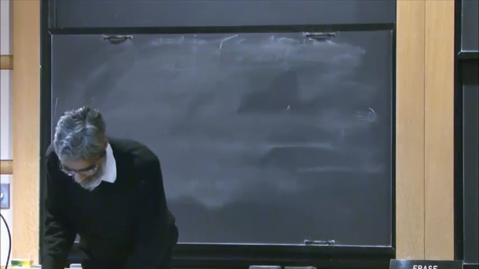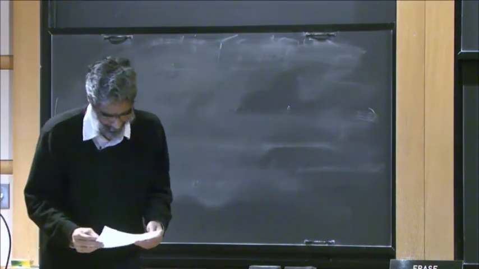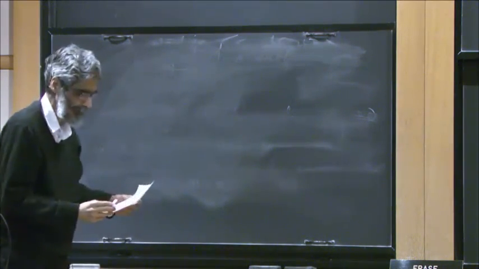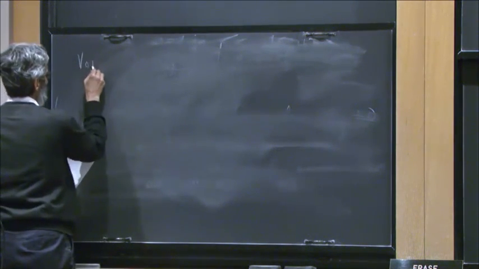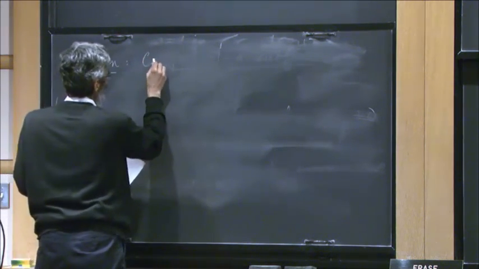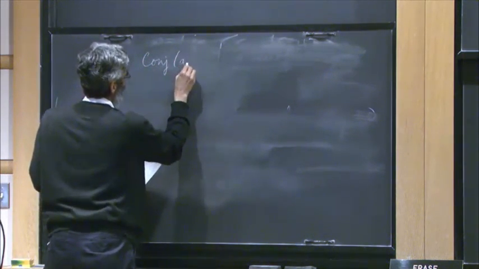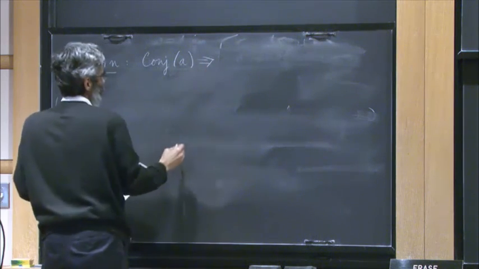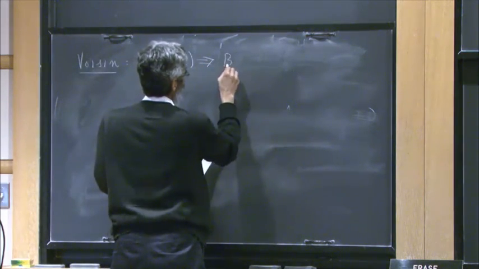Okay, so about this conjecture, the first thing: I talked to Claire yesterday and she pointed out to me that conjecture A implies Bloch's conjecture.